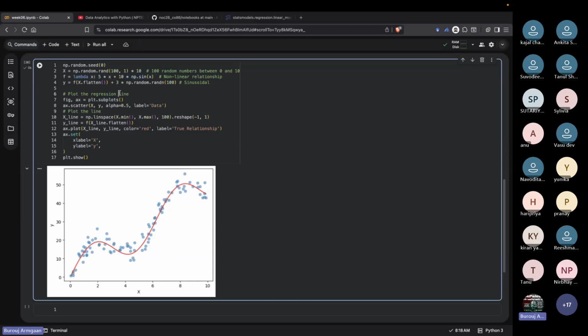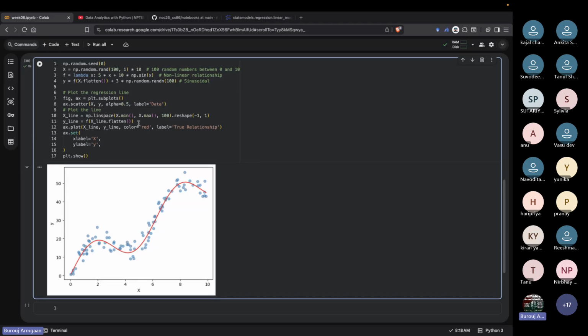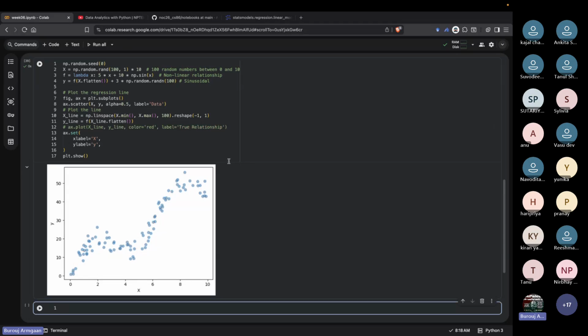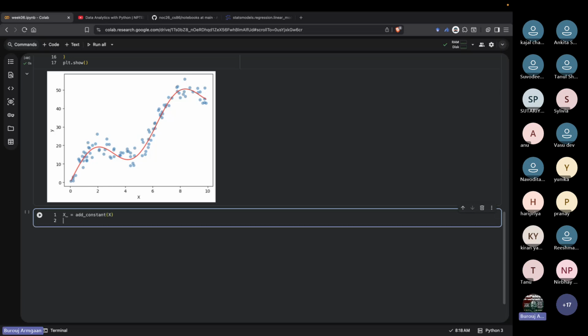Okay, suppose you did not know the ground truth. We did not plot this particular line. You have this, and you assume that this is linear and go ahead and see what ordinary least squares would give me. We would do as we just did. We will add a constant to x, and then we'll say our model 3 is OLS.